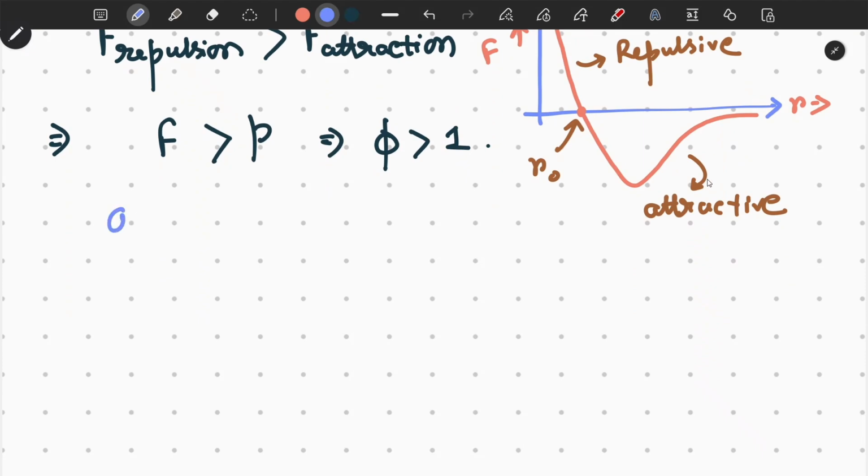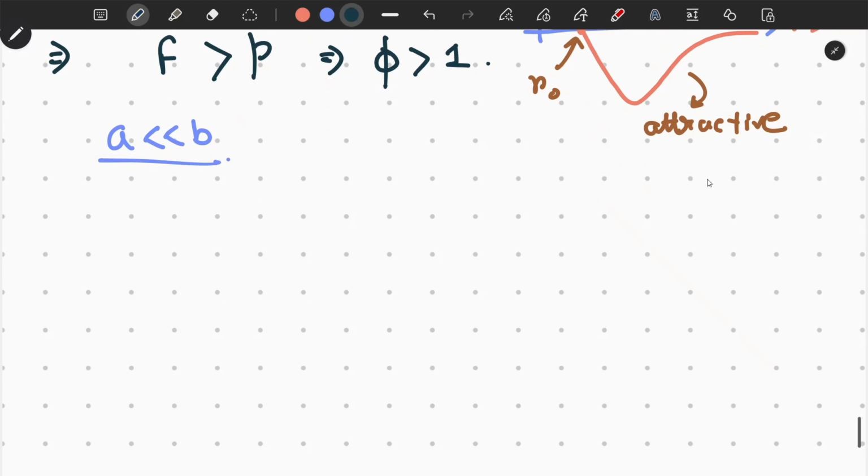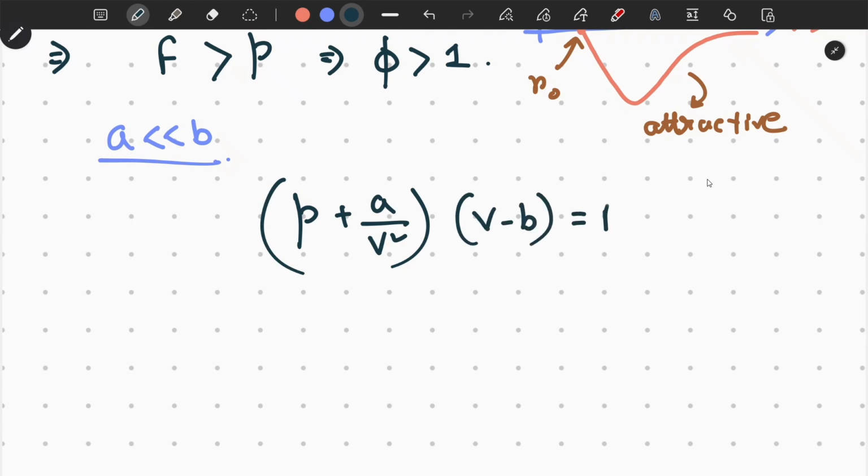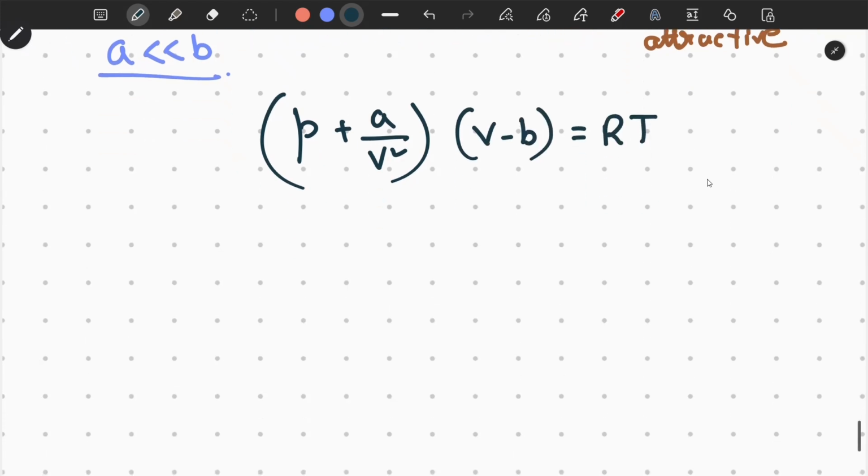Greater than one. And this can also be shown by using the ideal gas equation. Now here, obviously, B will be greater. So if you apply, let me write the original equation first. A tends to 0. A can be negligible here, since it is very high pressure, high temperature.